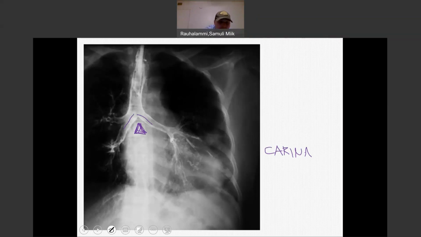We can see nicely the primary, secondary, and even tertiary branches of the bronchial tree as well. Eventually we would end up, though I don't think they're showing up that nicely, with our intralobular, terminal, and respiratory bronchioles.